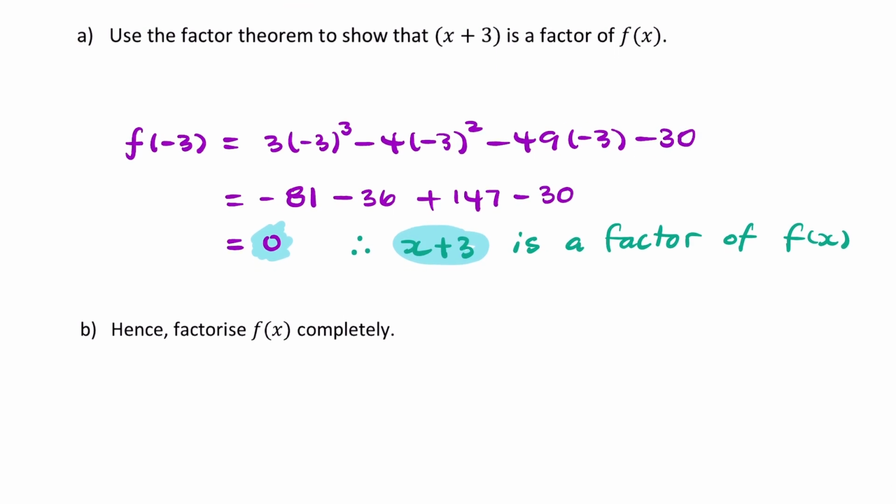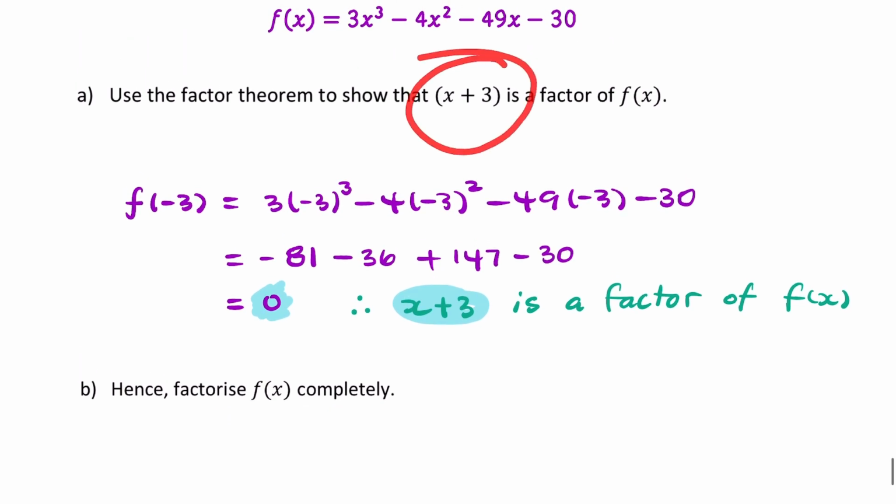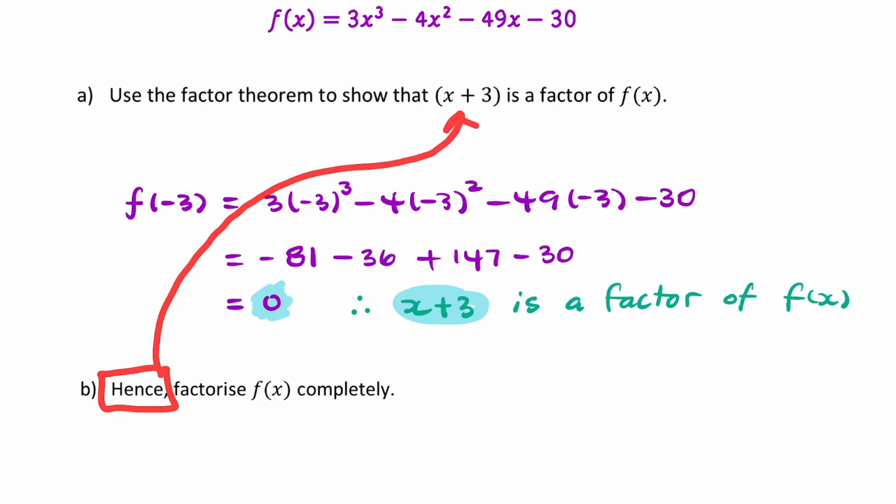Next, they ask to factorize f of x completely. We've already found one factor, or they've given us one factor. We need to find the remaining factors. When they say hence, it means use what you've just found. So hence suggests that you use x plus 3.